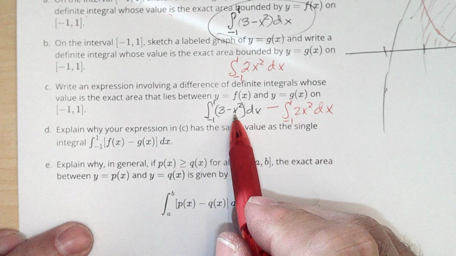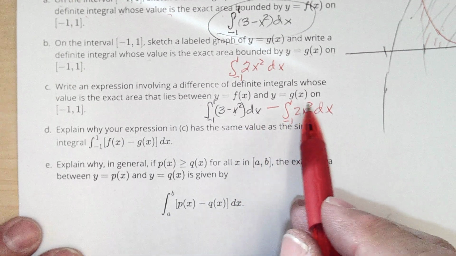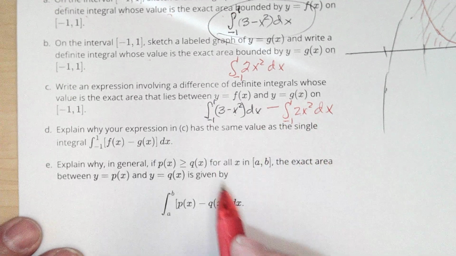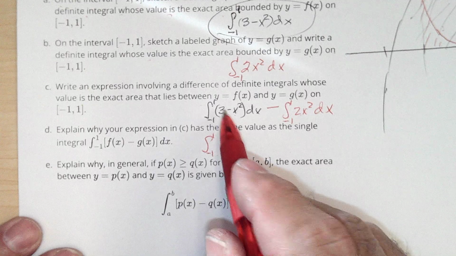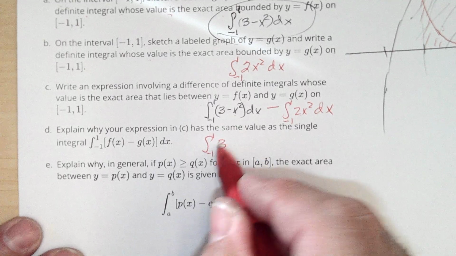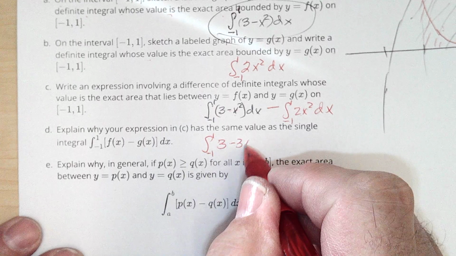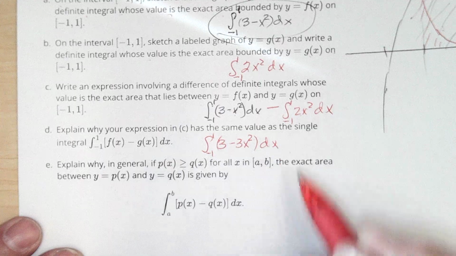And this can also be written by putting these two inside one integral, because you can put these together. So it'd be the integral from minus 1 to 1 of 3 minus x squared minus 2x squared, which would be minus 3x squared, dx.